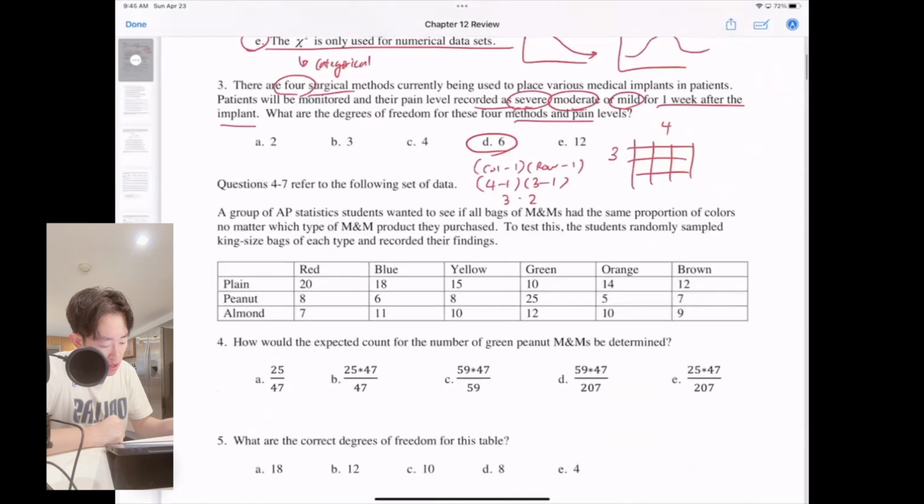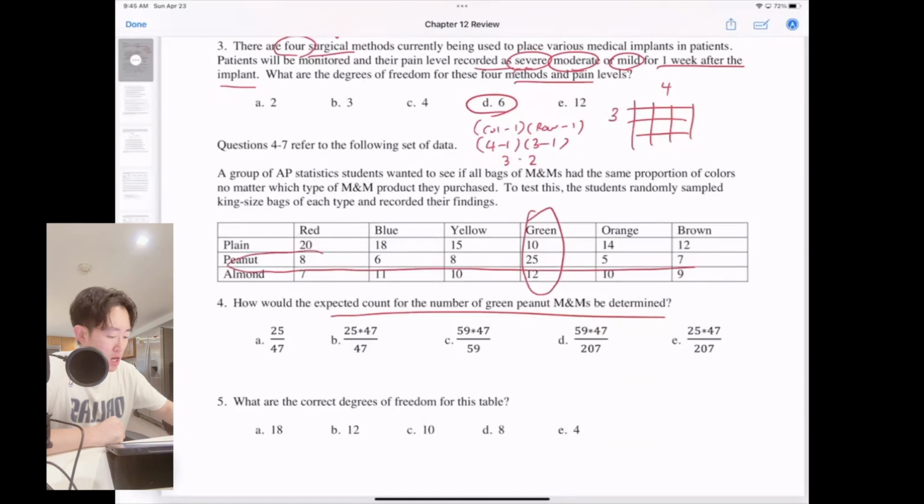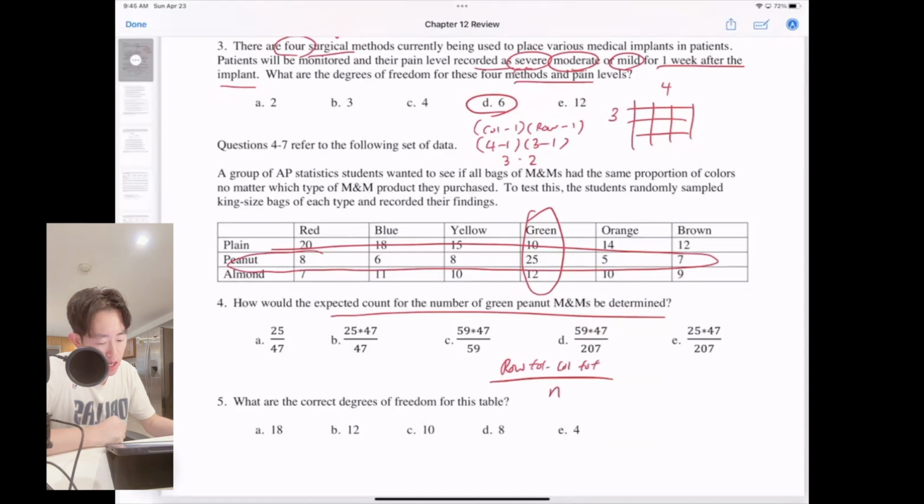How will the expected count for the peanut M&Ms be determined? So peanut M&Ms is a green peanut M&M, sorry. So that'll be green and peanut this way. And to figure out the expected value, expected count will be row total times column total divided by the total, which is n. And I have no choice but to just add them all up here.